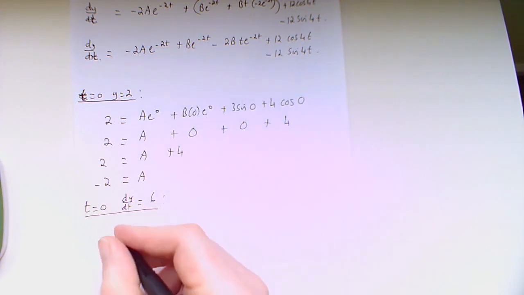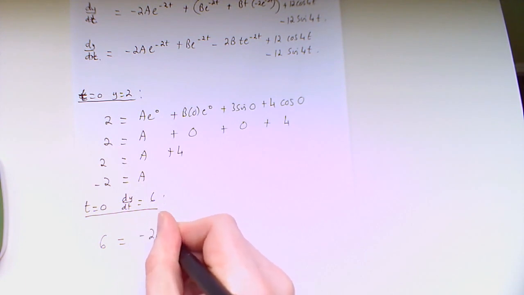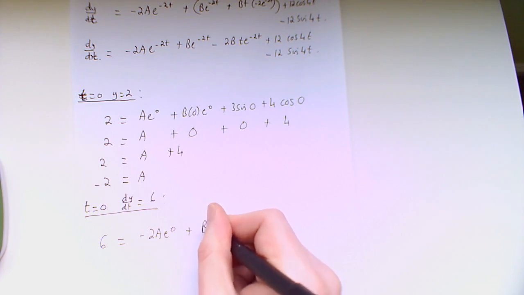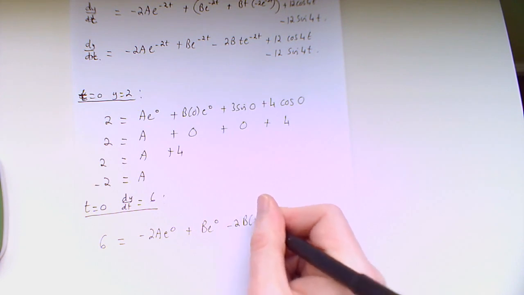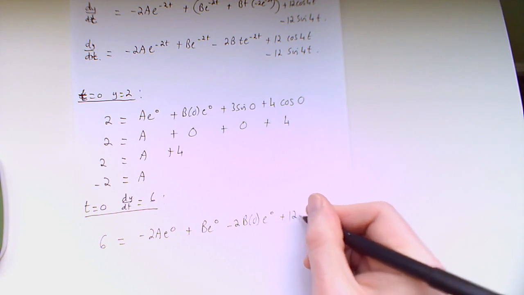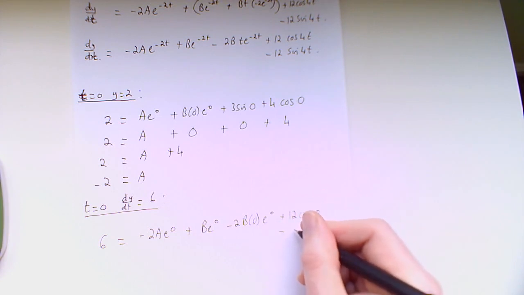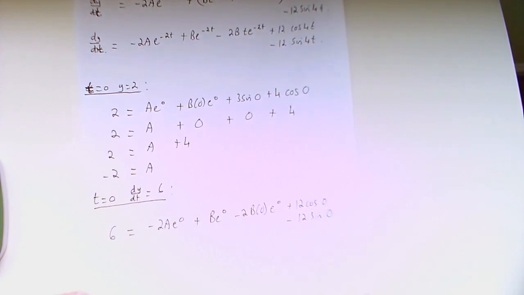So 6 equals negative 2a e to the power of 0 plus be to the power of 0, take away 2b0 e to the power of 0 plus 12 cos 0 take away 12 sin 0.